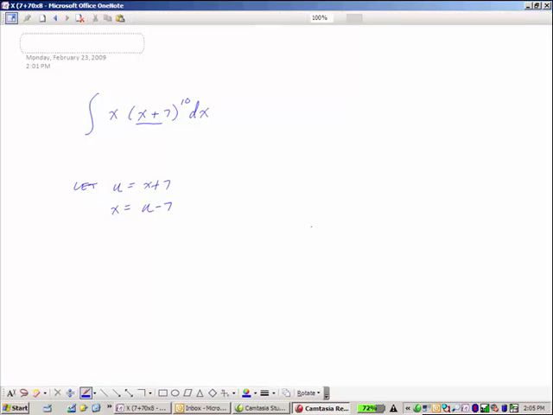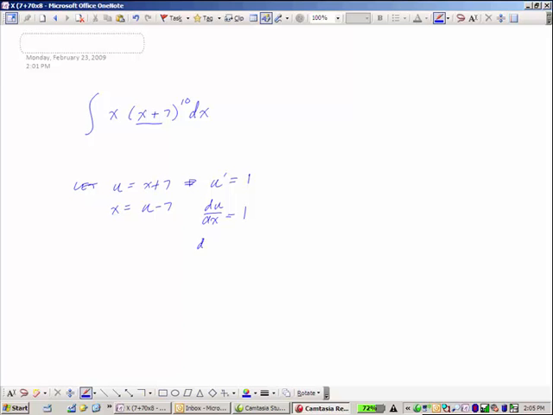There's one more relationship that I'm interested in. If I asked you for u prime, it'd be 1. Now, I'm going to write that as Leibniz notation. du dx equals 1.